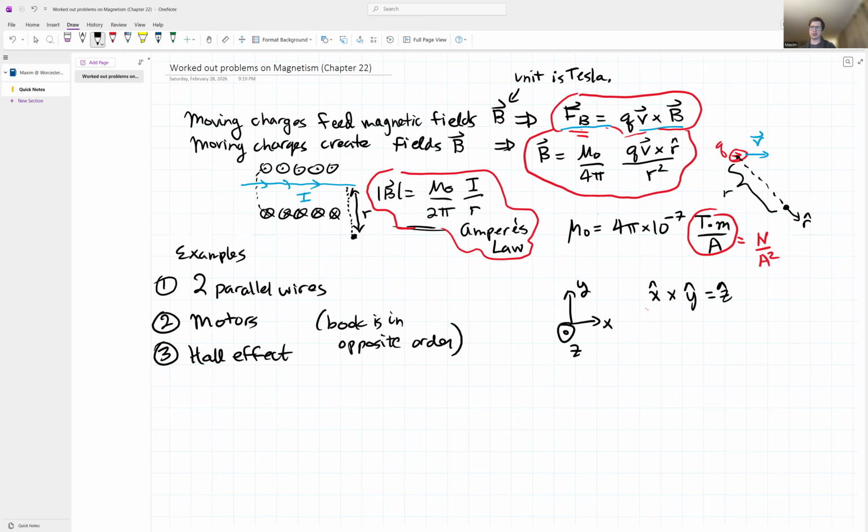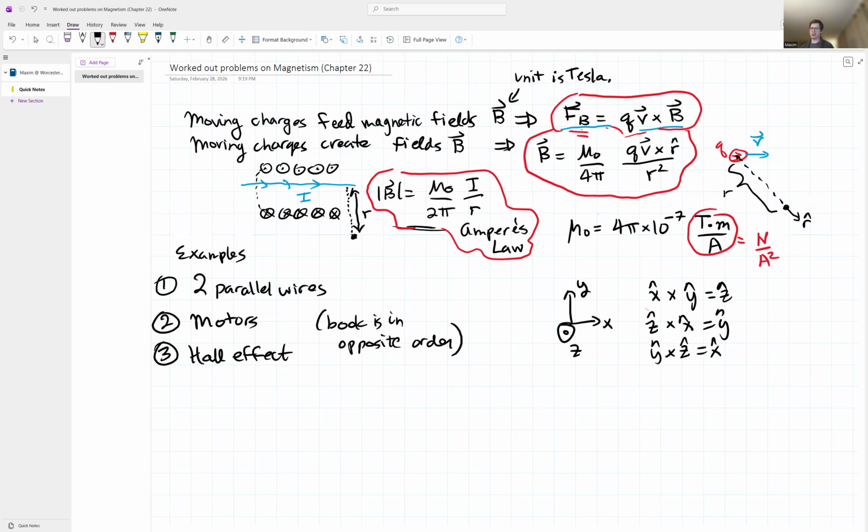You basically just can move each of these letters, like Z, over to the start, and you move the X over to the second position and the Y over to the third position. And you just list all of the cross products. So the next one would be z hat cross x hat is equal to y hat. And then finally you have y hat cross z hat is equal to x hat.